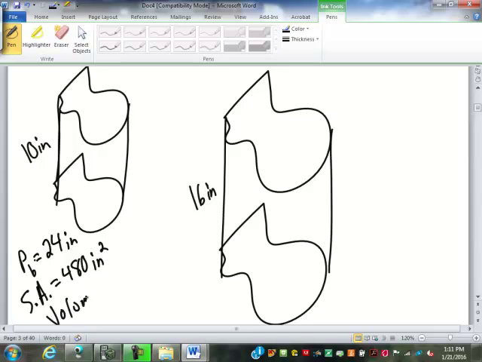The volume of this one is 360 inches cubed. Find the perimeter of the base, the surface area, and the volume of that one.